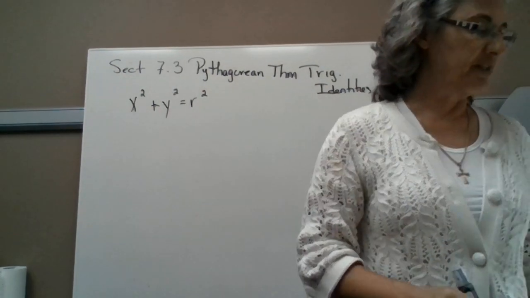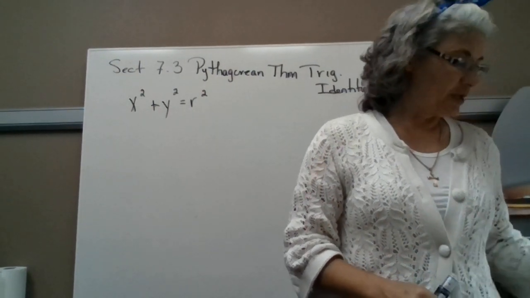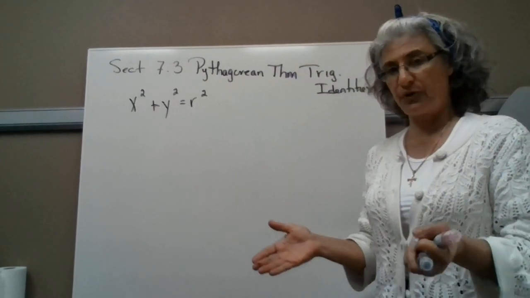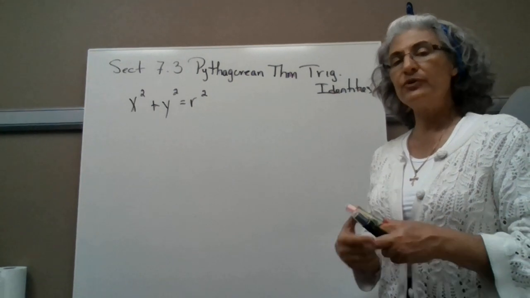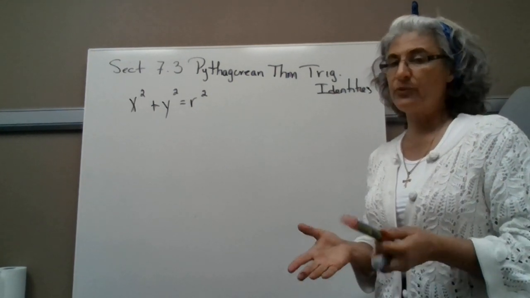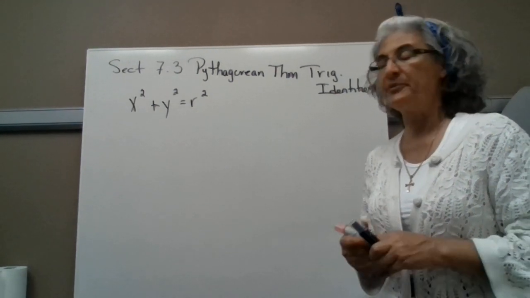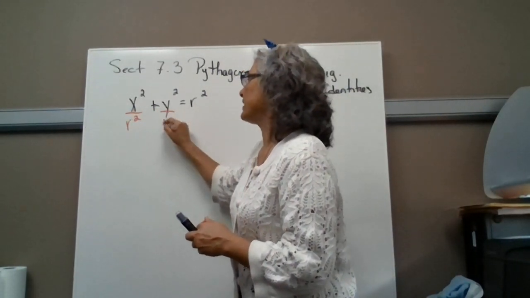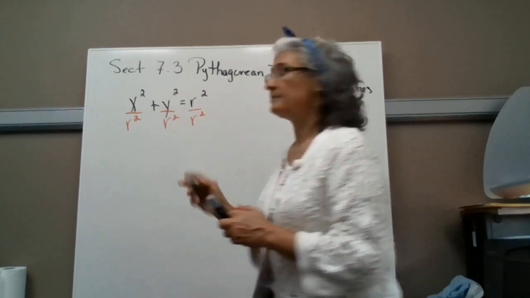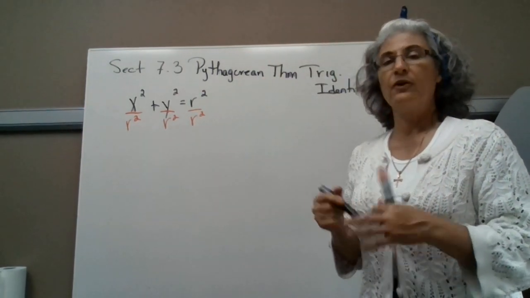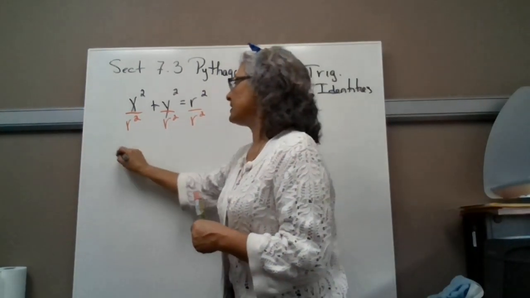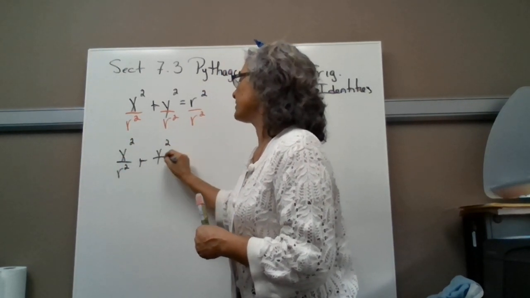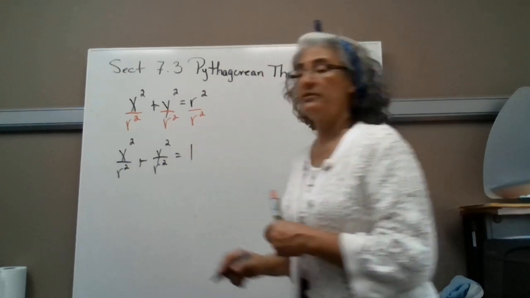Now, here's the deal. What you do to one side, you do to the other side to keep things balanced, correct? So I'm going to decide, and this sounds weird to you, but watch what happens. I'm going to decide to divide both sides by r squared. Y'all with me? When I do that, I end up with x squared over r squared plus y squared over r squared equals 1.